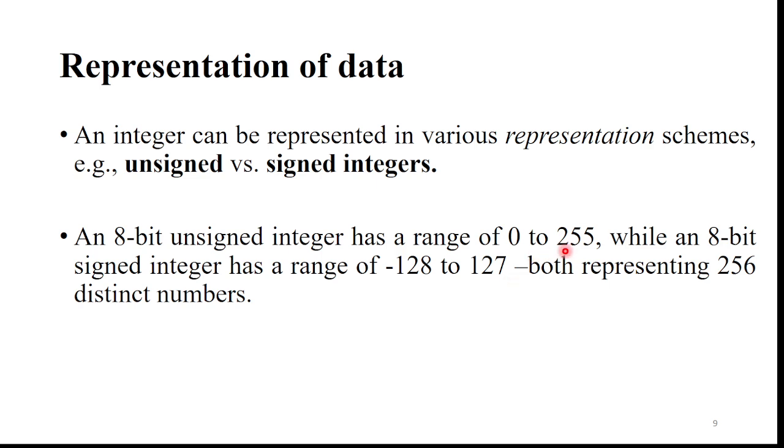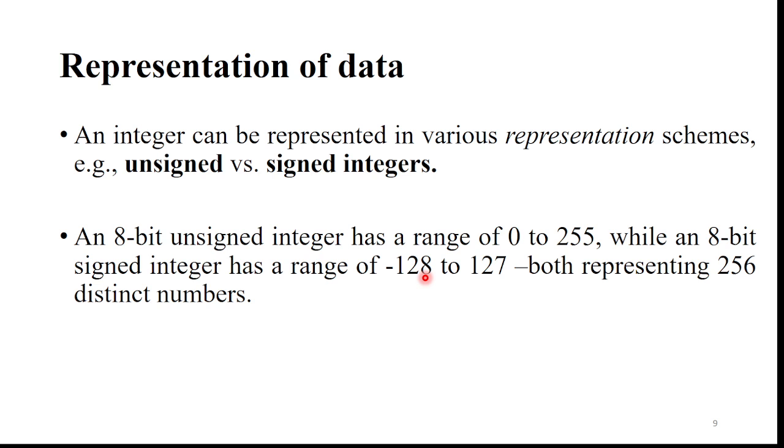So in an 8-bit signed integer, the most significant bit is used to represent the sign. We will see this in the next slides. So we have 8 bits, the most significant bit, meaning the bit at the left. This could be a sign for a positive number or for a negative number.